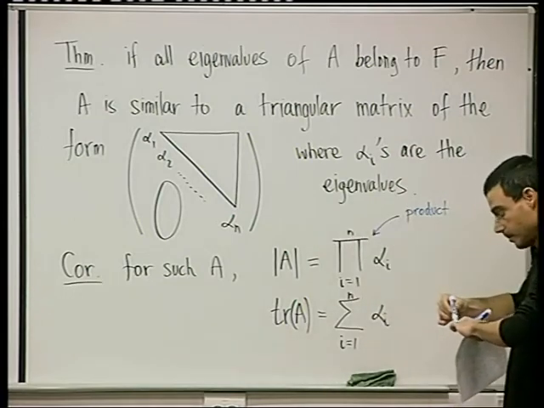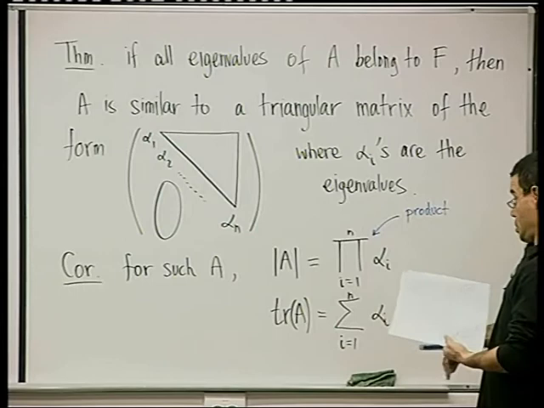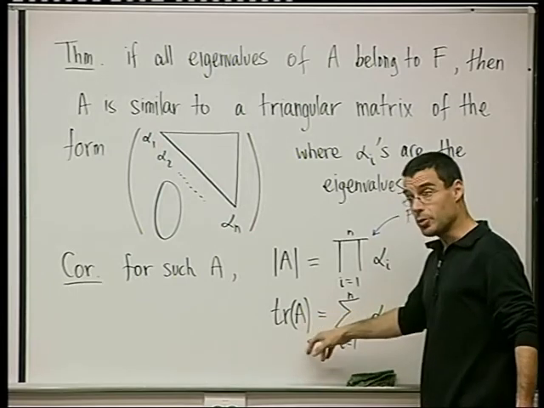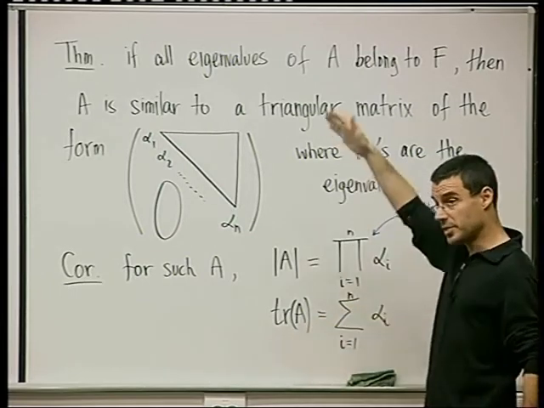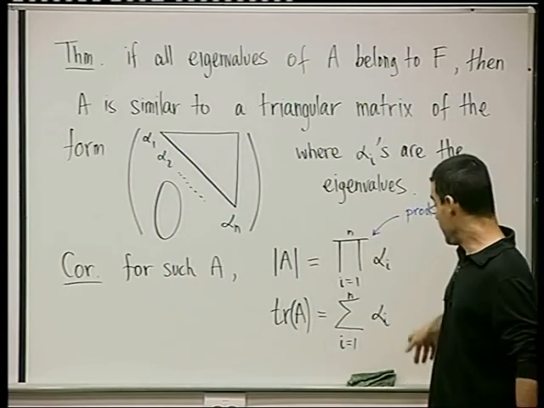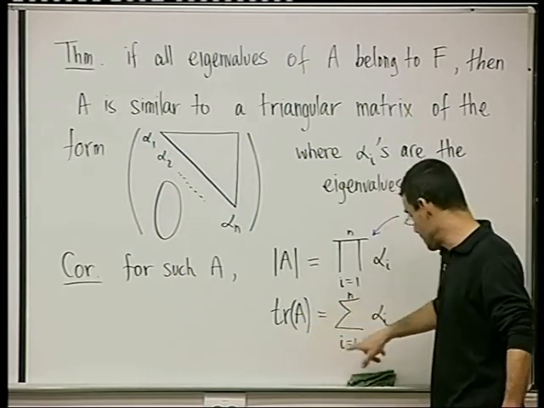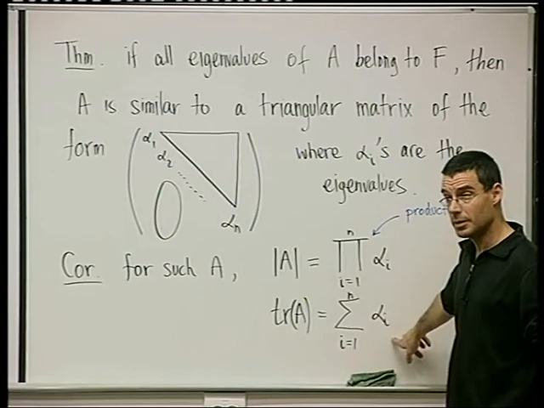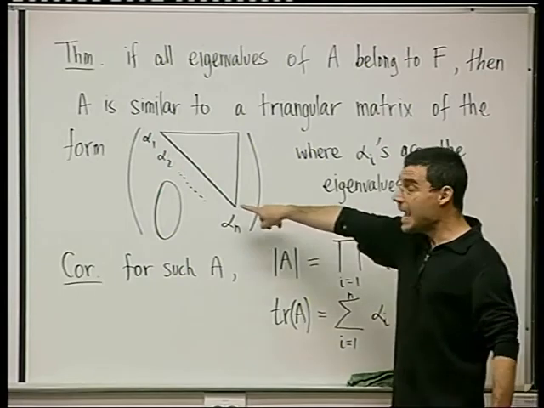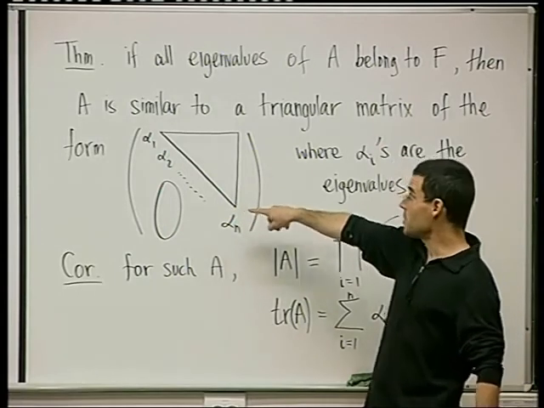Isn't that the definition of the trace? No. If you take a matrix, its trace is the sum of its diagonal elements. Here I'm saying that its trace is the sum of its eigenvalues. Which are the diagonal? That's not A, that's a matrix similar to A.